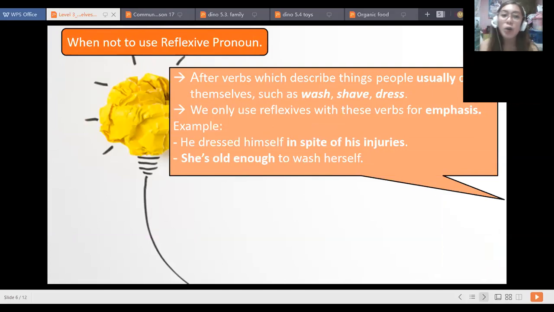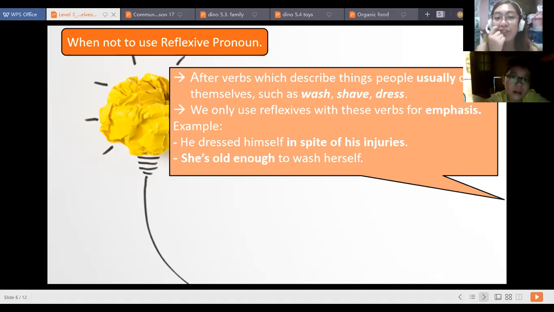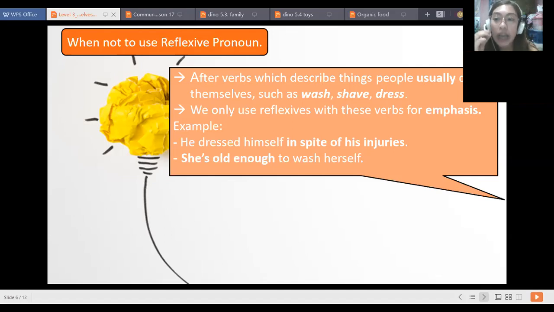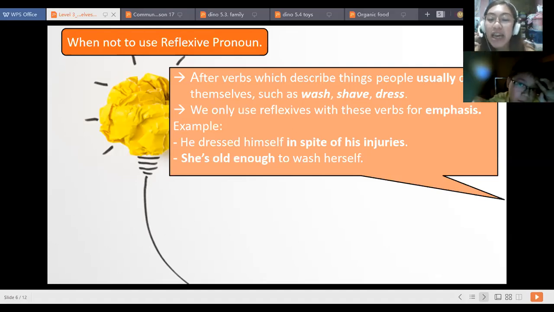Okay, again, when not to use reflexive pronoun. After verbs which describe things people usually do for themselves, such as wash, shave, and dress, we only use reflexives with these verbs for emphasis. For example, he dressed himself in spite of his injuries.